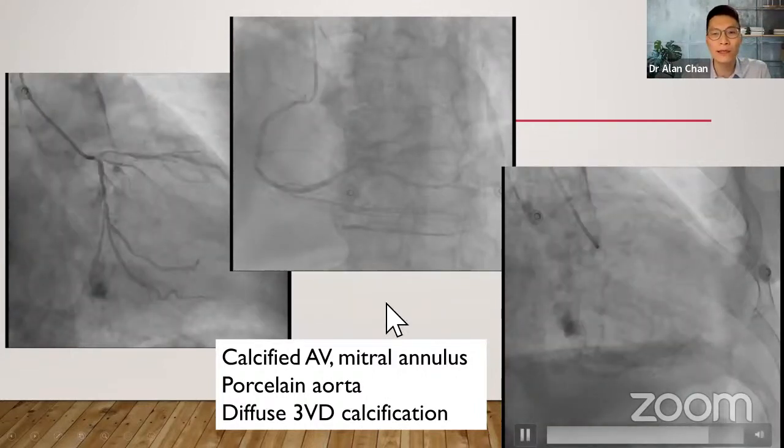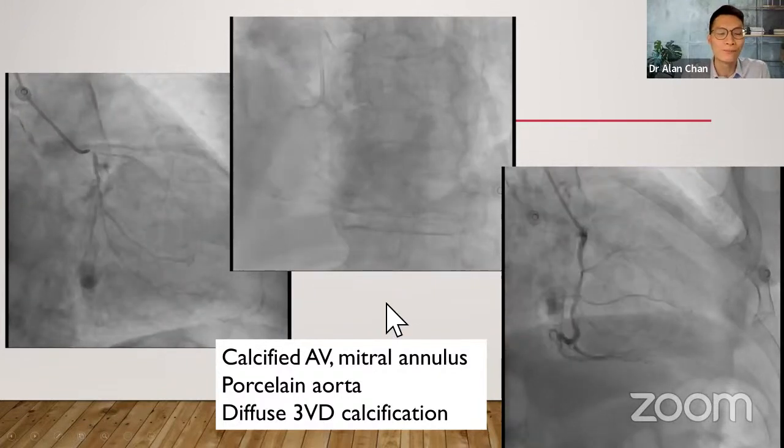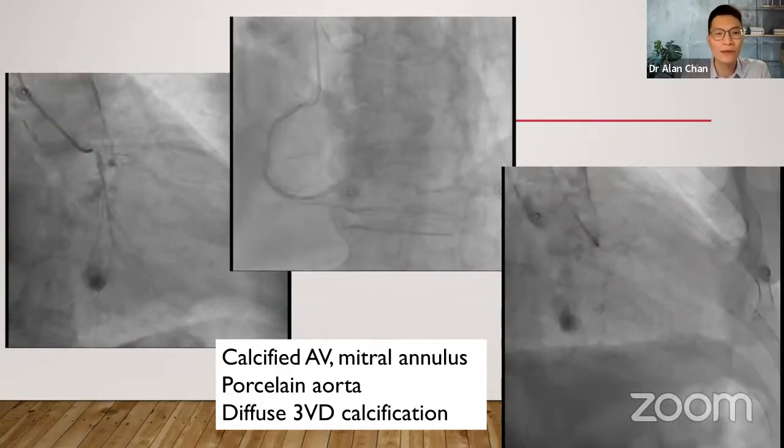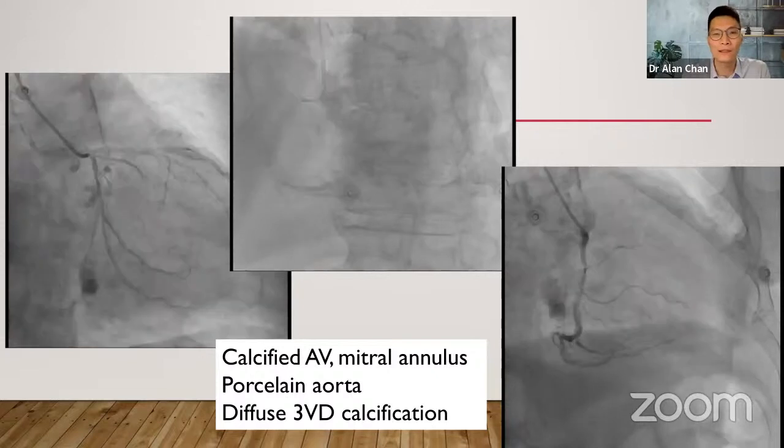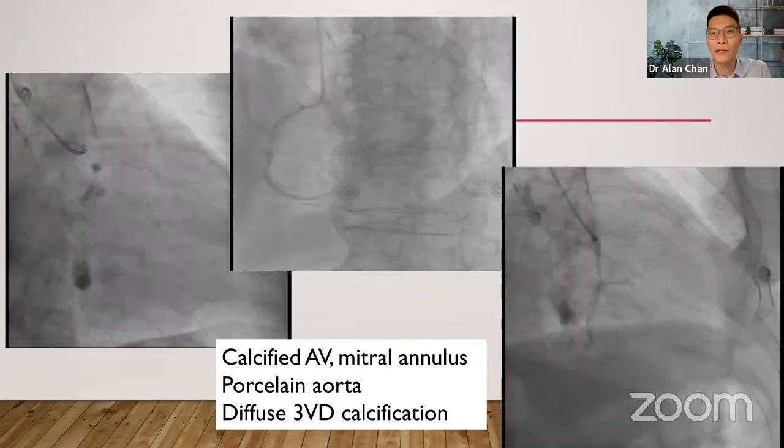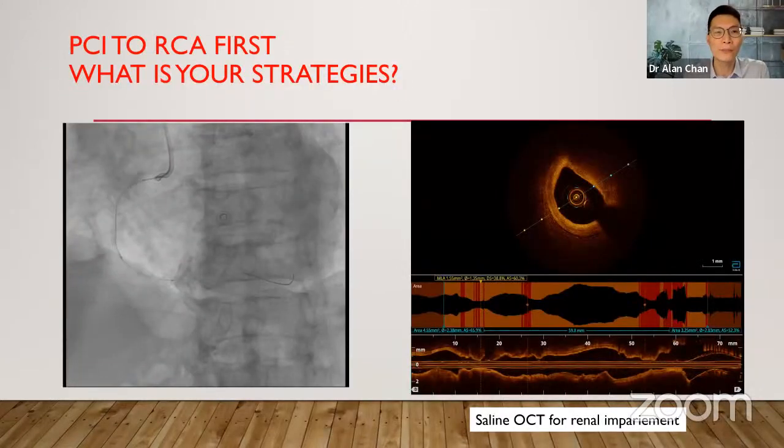So it's not really just a calcified coronary, it's a so-called calcific vasculopathy, diffuse severe calcification in a CKD patient. So what is the best strategy?